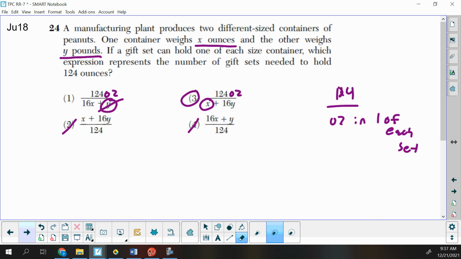So it is going to be choice 3, and let's just talk through why 16Y is okay. If you had that Y is 3 pounds, there's 16 ounces in a pound. So therefore, they're doing 16 times the number of pounds to turn it into ounces. So all those would be ounces now, so that's why choice 3 would be correct.